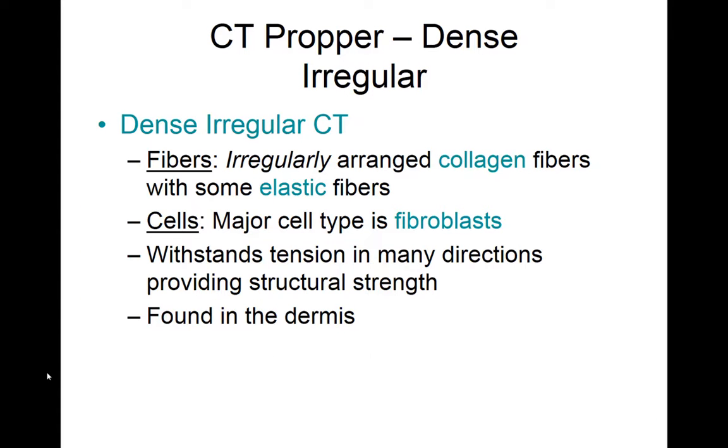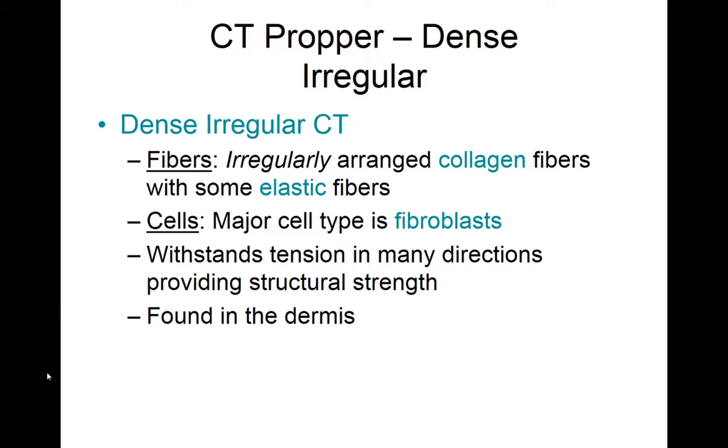The other type of dense connective tissue is dense irregular connective tissue. This still has a lot of collagen fibers, but in this case they are in a hodgepodge, so they are irregularly arranged. So instead of the collagen fibers being nice and parallel, they run in all different directions. What does that mean for the strength of that tissue?